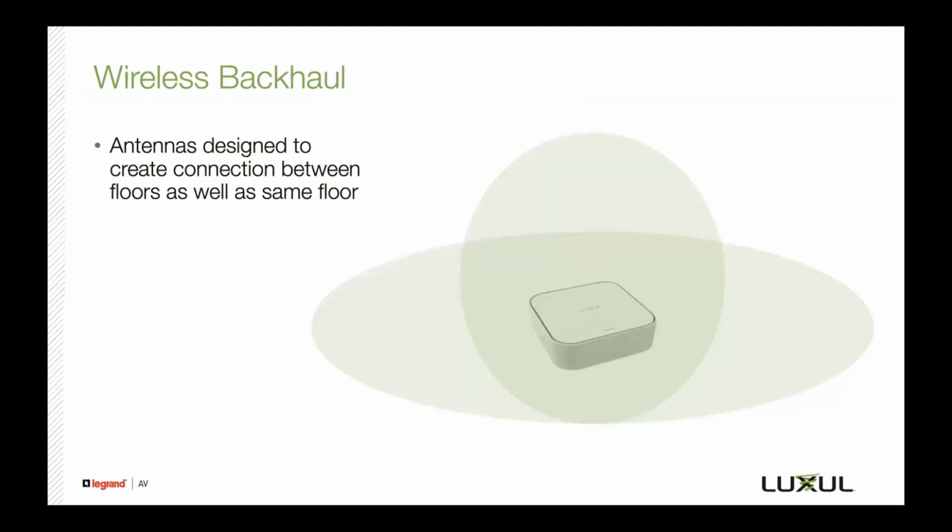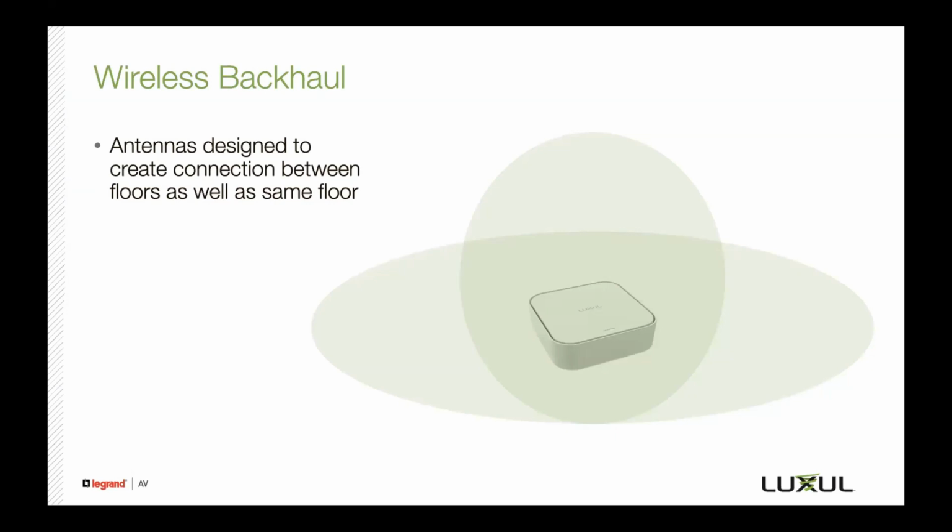The reason for that is because engineering came up with a different antenna design or dispersion pattern for the antennas on the dedicated backhaul radio. You could call it kind of like a flying saucer. I realize this is a very rudimentary picture, but it illustrates the point in that it is wide and then tall.